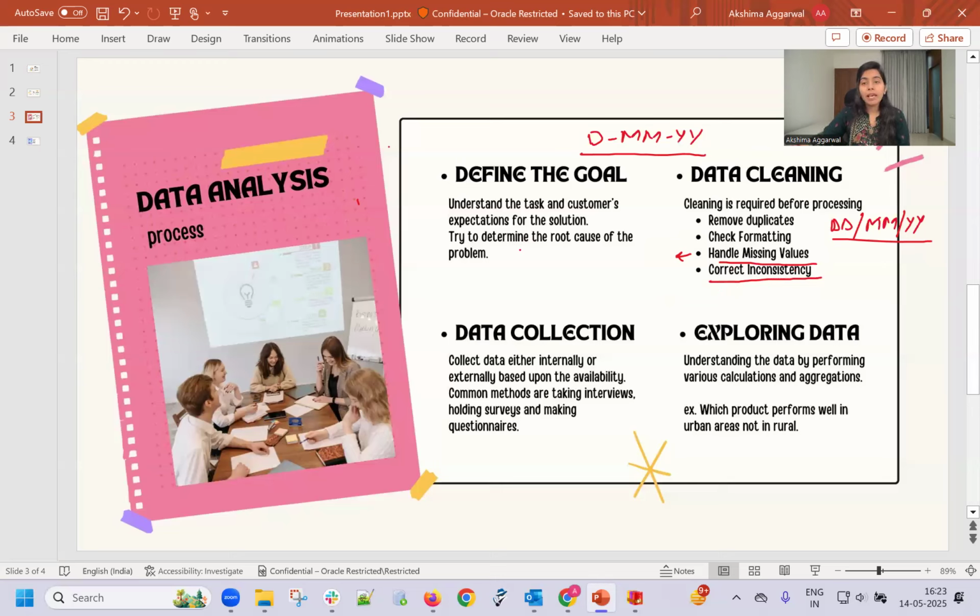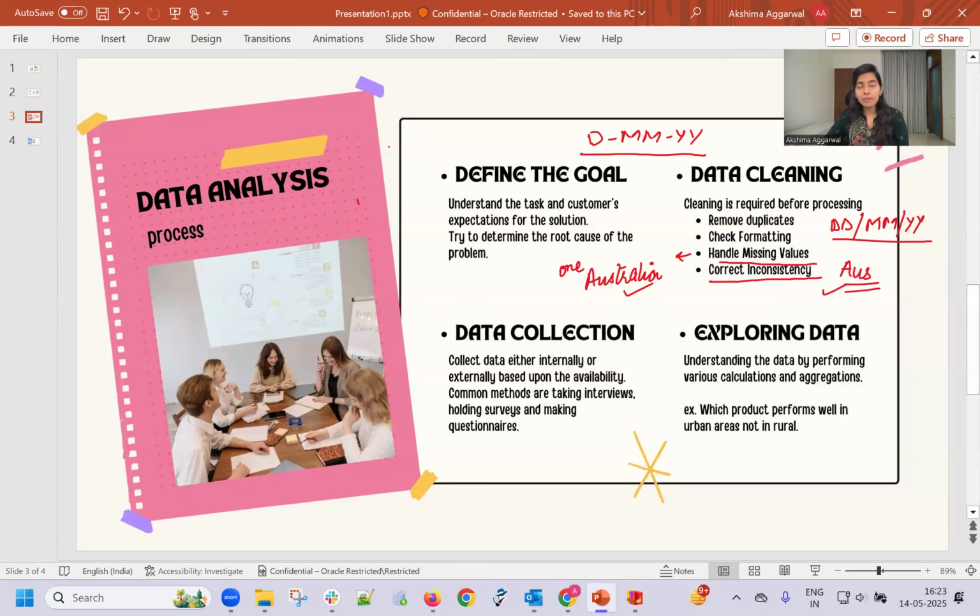For example, if one person has written the location as Australia, right? And another person writes Australia, but in an abbreviated manner, AUS. That is inconsistency. Okay, the data is inconsistent. You need to make it consistent so that it is understandable to everyone.